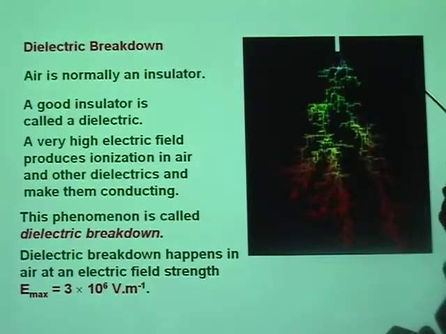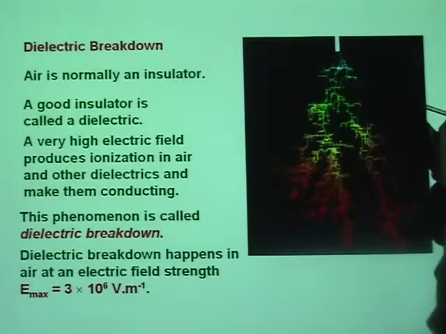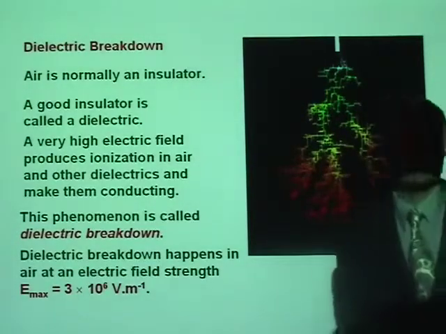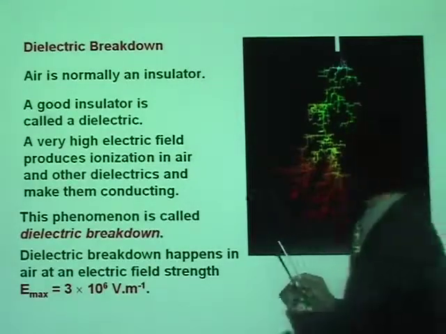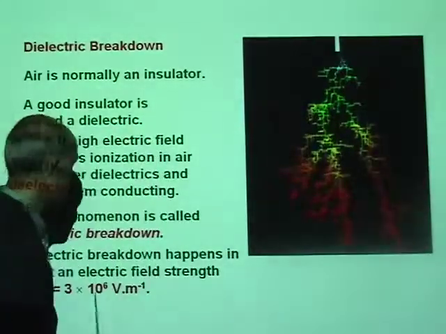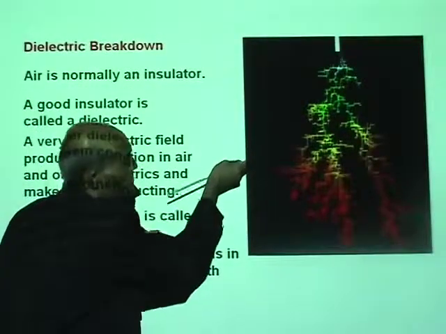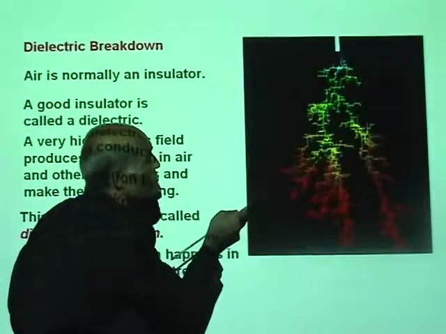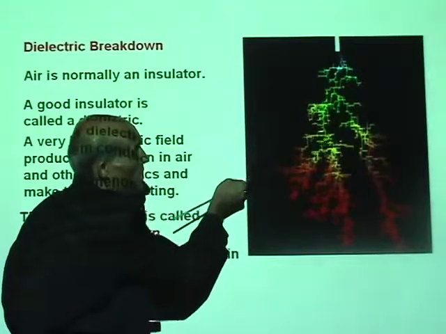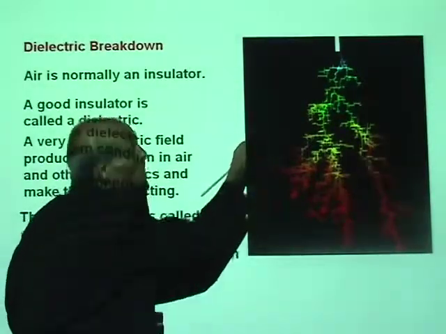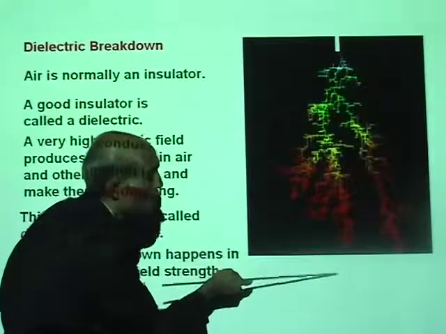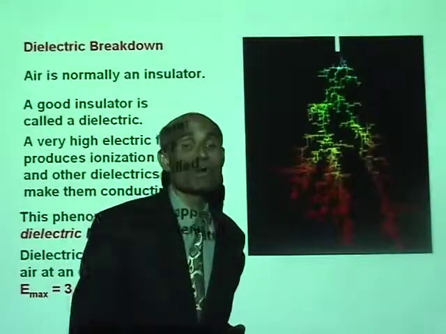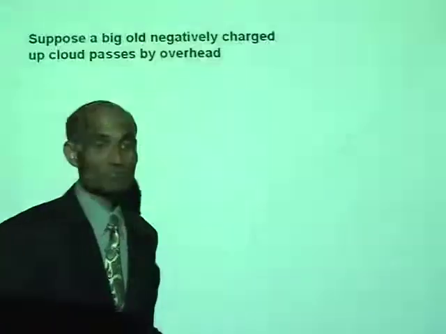When there is a buildup of clouds and the electric field produced by the electric charges in the cloud is greater than this value, dielectric breakdown occurs. There is high level ionization in the air. A large amount of electric current flows from the cloud to the ground. And if you happen to be on its path, you know God only can help you.